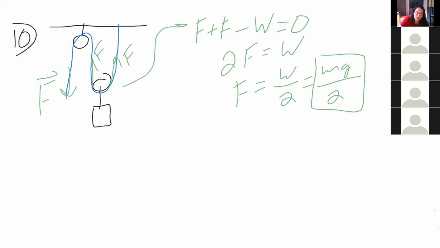The second part says we want to lift the canister 3.3 centimeters. How far must we pull the free end of the cord? Here's where the catch comes in. We only need to apply a force that's equal to a half the weight.